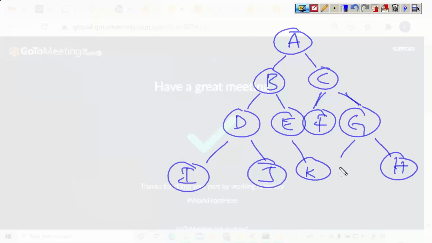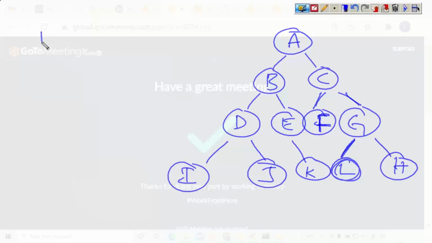Let's go for left side also. L. This is the tree I'm choosing.